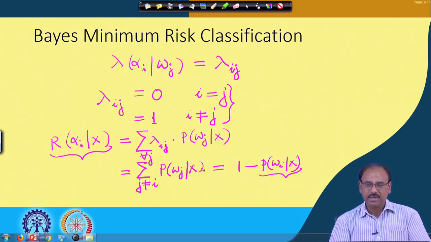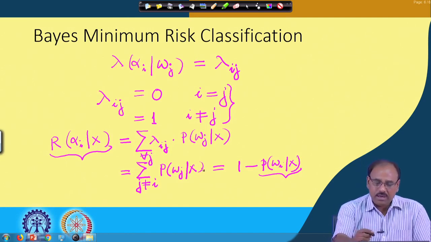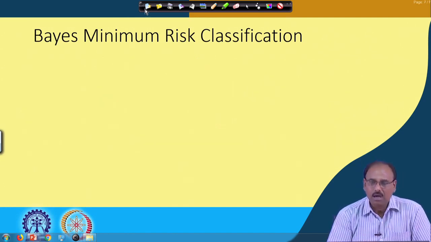Under that condition, my Bayes minimum risk classifier and Bayes minimum error classifier, both of them are the same. But in general, for different types of wrong decisions, my loss function will not be the same. Right. So, we will discuss that more later.